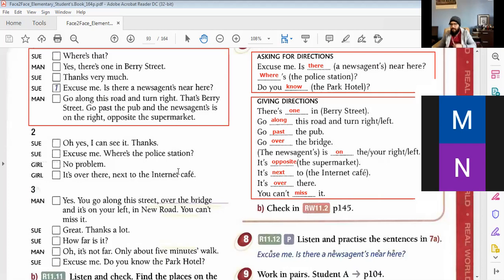You're not sure, but do you think it is easy to find or hard to find? If someone tells you you can't miss it, is the place easy to find or hard to find? What do you think? Easy.